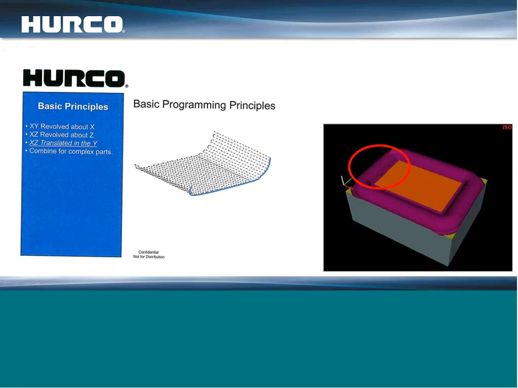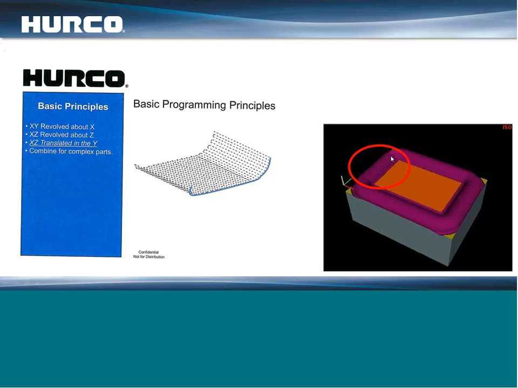We also have translated in Y. Basically, take the same contour, tell it you want to translate in Y, you give it a start and end point, and that's how we would program something like this side of that surface.